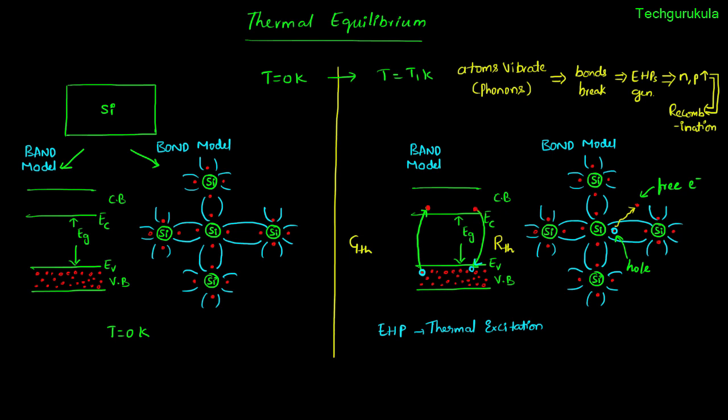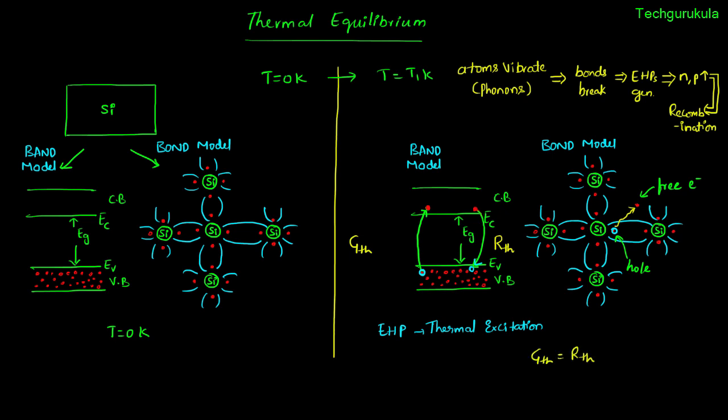So a conclusion from this is that the generation rate in steady state should be equal to the recombination rate, so that the number of carriers in the conduction band would remain constant with respect to time. So we can write, in steady state, G_TH should be equal to R_TH.